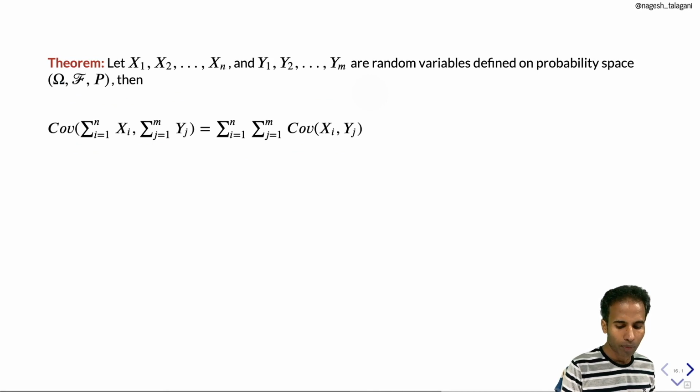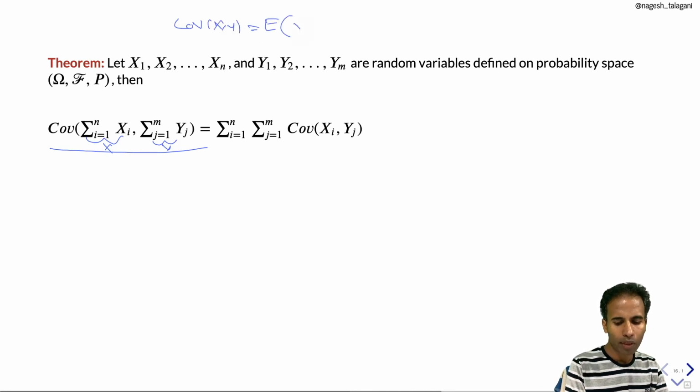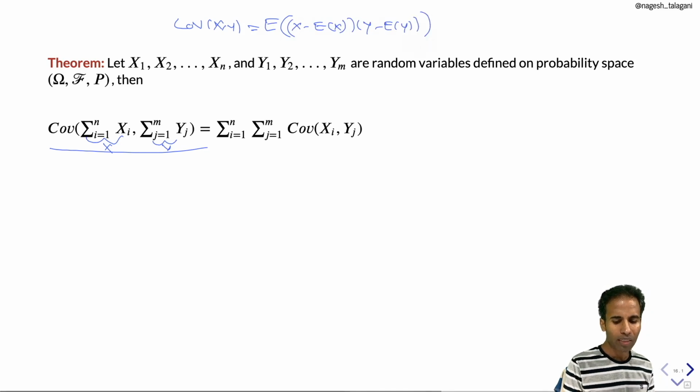Here, let us start with the left hand side. Let's think of this as x, this as y. Apply the definition of covariance of x comma y. What is the definition of covariance of x comma y? It is the expectation of x minus expectation of x times y minus expectation of y.